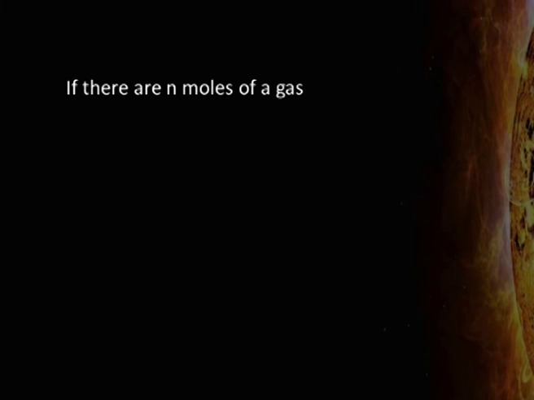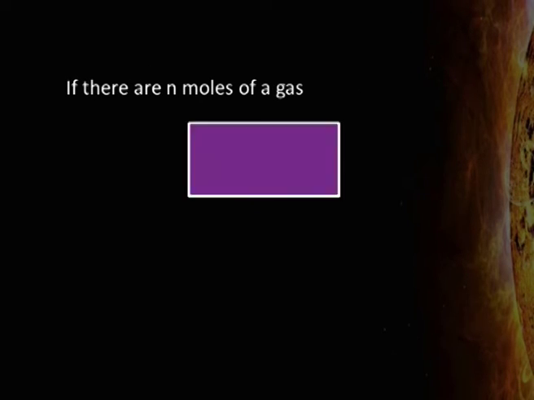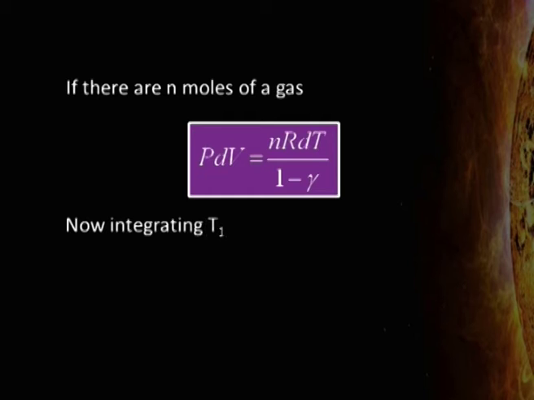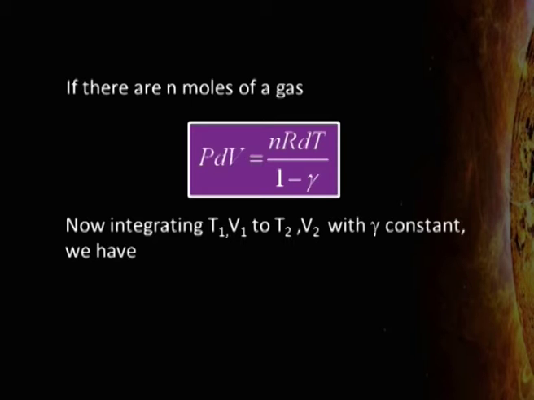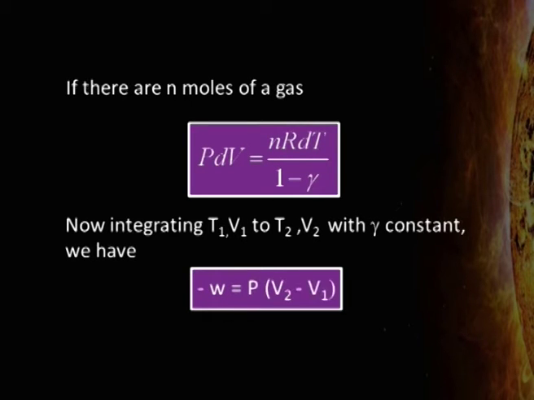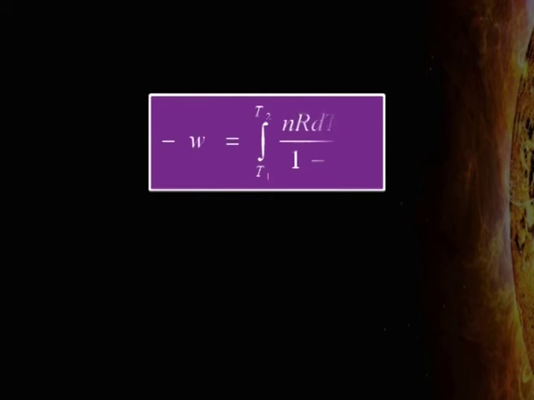If there are n moles of a gas, this equation will change to P dV equal to nR dT upon 1 minus gamma. Now, integrating in the limits T1 V1 to T2 V2 with taking gamma as constant, we will have minus W equal to integral of P dV, which is equal to integration of nR dT upon 1 minus gamma within the limits T1 and T2.